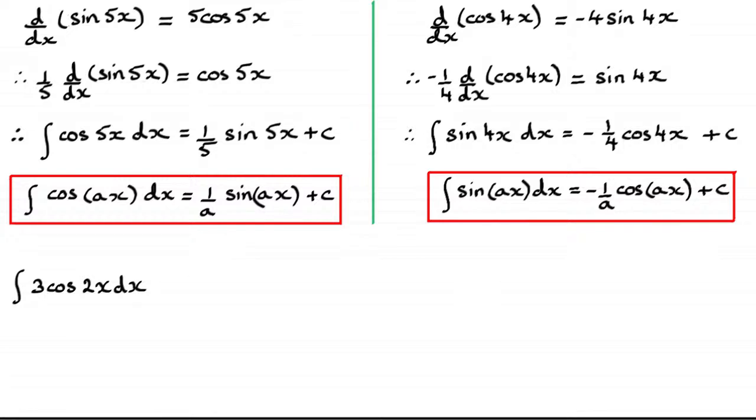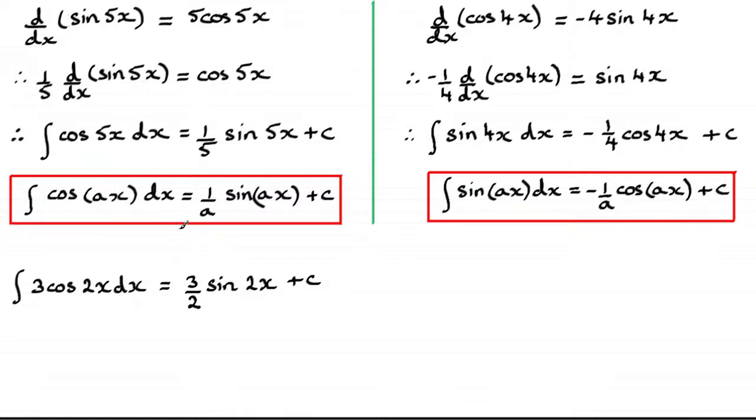So let's just check how we do that. There it is. We're looking at this formula here. You can see that the a is the 2 here, but we've got this constant in the front of the integral, and remember that when you've got a constant in front of the integral, you can take the constant out the front. So that'd be 3 times the result of integrating cosine of 2x.